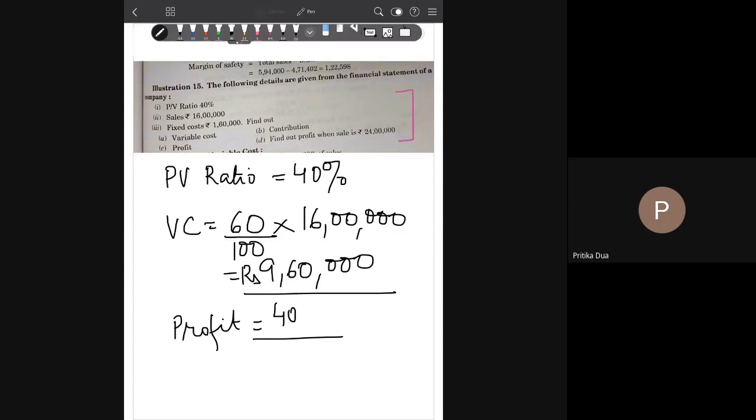Out of every 100 rupees of sales, 60 rupees is the variable cost and 40 rupees is the contribution. So 40 by 100 into 16 lakh gives you 6 lakh 40,000 as your contribution.